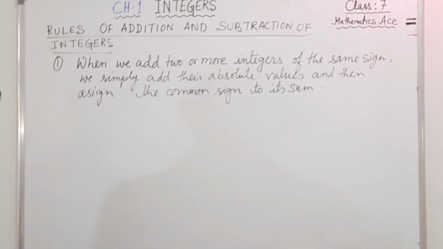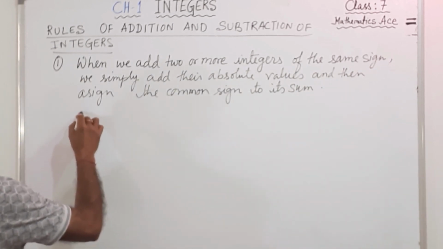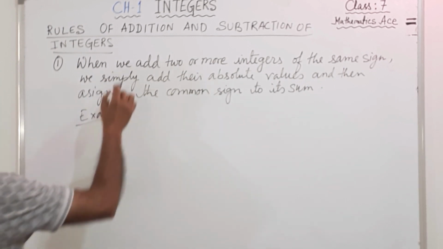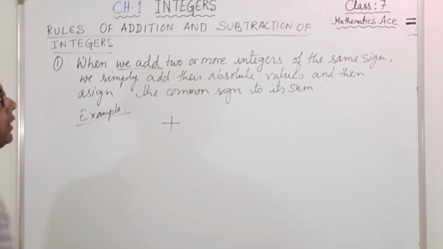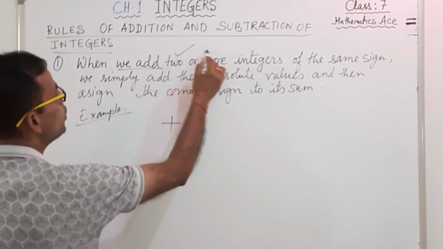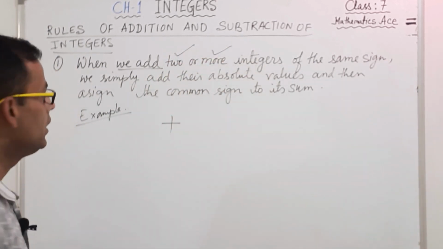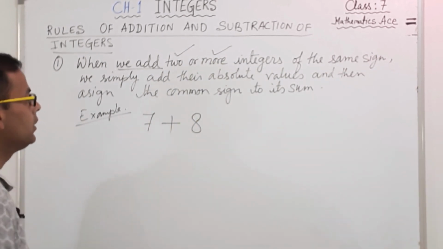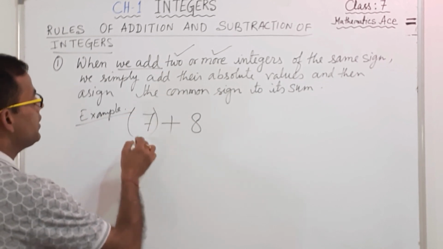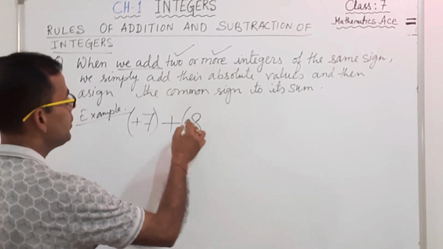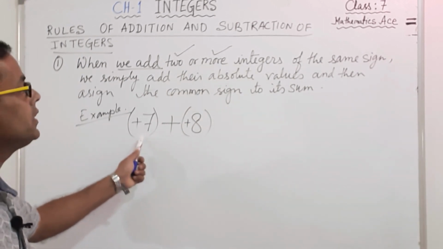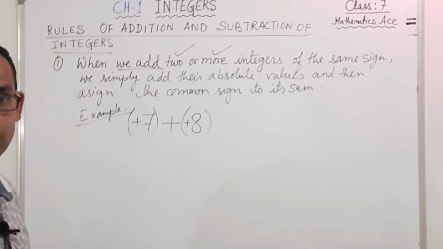That means if I take, for example, suppose if it is difficult to understand, when we add, they are telling 2 or more integers, okay. Suppose plus 7 is one integer, plus 8 is one integer. So both are positive integers of the same sign, and you are adding them.